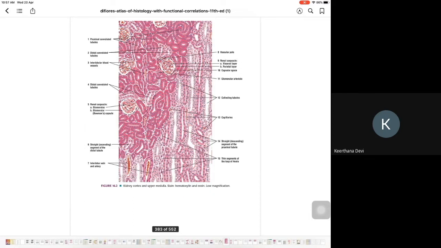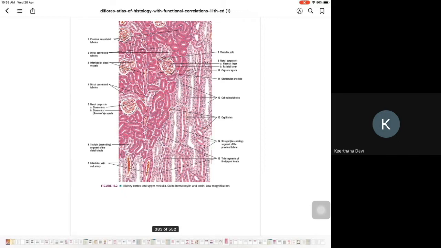One is proximal convoluted tubules, 2 is distal convoluted tubules, 3 is interlobular blood vessels, 4 is again distal convoluted tubule, 5 is the renal corpuscle consisting of glomerulus and the Bowman's capsule, 6 is straight ascending segment of the distal tubule, 7 is interlobar vein and artery, 8 is vascular pole, 9 is renal corpuscle, A is visceral layer, B is parietal layer, 10 is capsular space, 11 is glomerular arteriole, 12 is collecting tubules, 13 is capillaries, 14 is straight or descending segment of the proximal tubule, 15 is thin segments of the loop of Henle.